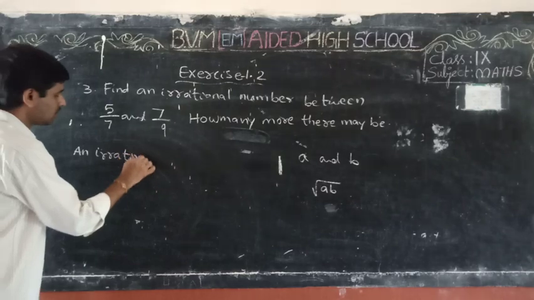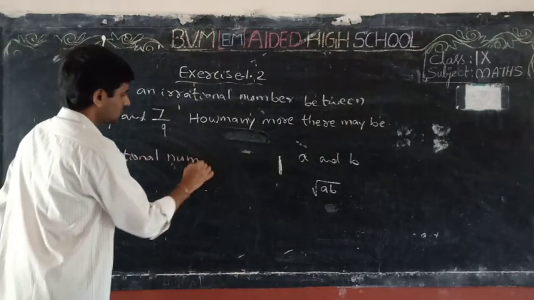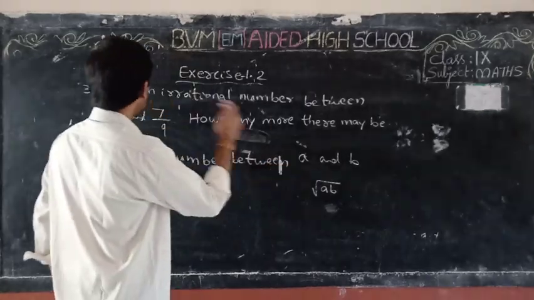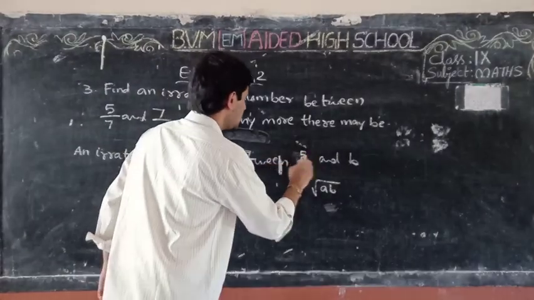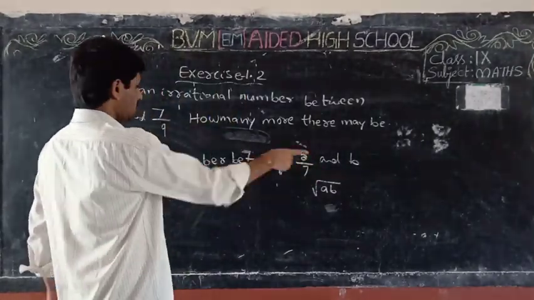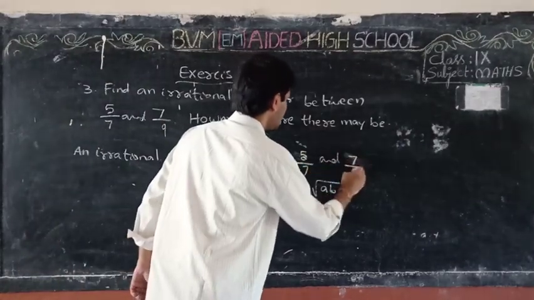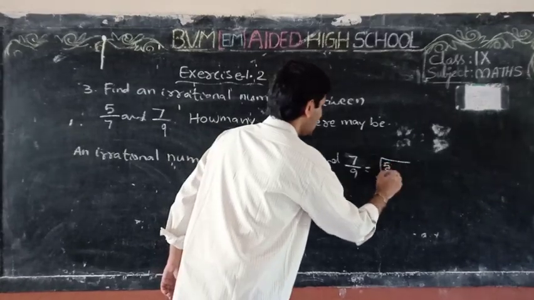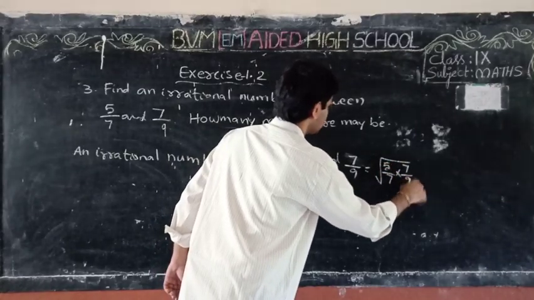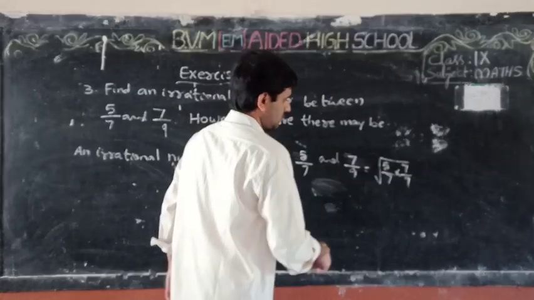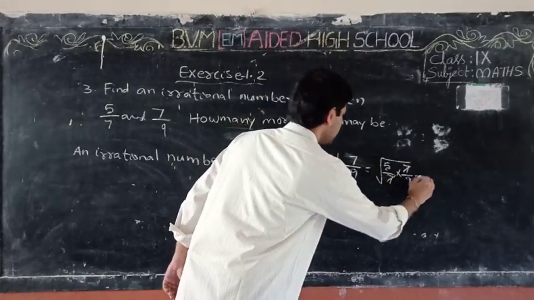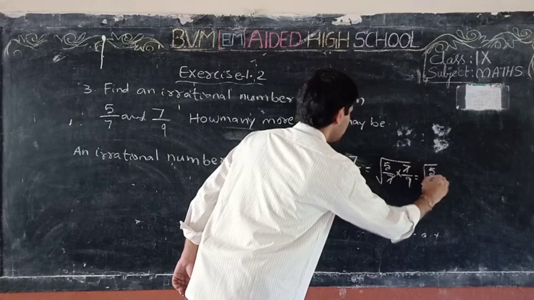An irrational number between, here in the place of a, 5 by 7, and in the place of b, 7 by 9, is square root of a into b, that means 5 by 7 into 7 by 9. Since it is a multiplication, we can cancel 7 and 7. So it becomes root of 5 by 9.